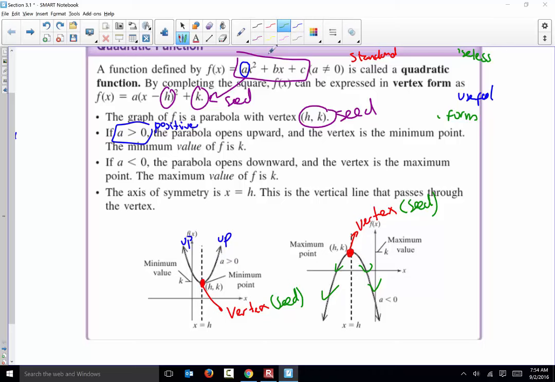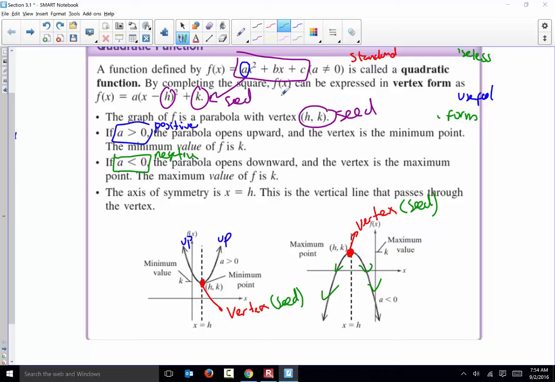If the number in front is less than 0, negative, then those two branches from the seed, emerging from the seed, are going down. So I know the seed, I know the number in front, then I have the picture. That's it.